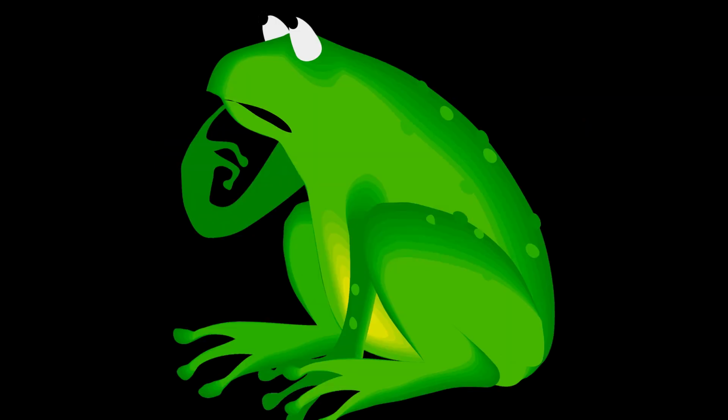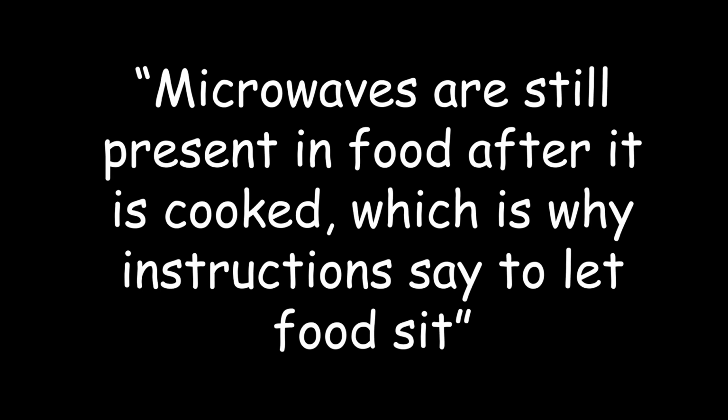So finally, we're going to talk about the concerns that many people have with microwaves. The ovens, of course. Microwaves are still present in the oven after the oven has turned off. Microwave cooked food can cause health problems. And microwaves are still present in the food after it is cooked, which is why instructions say to let it sit.